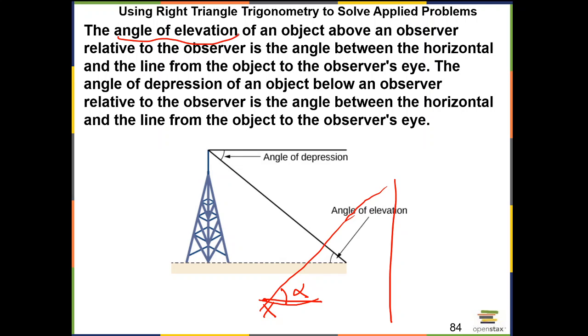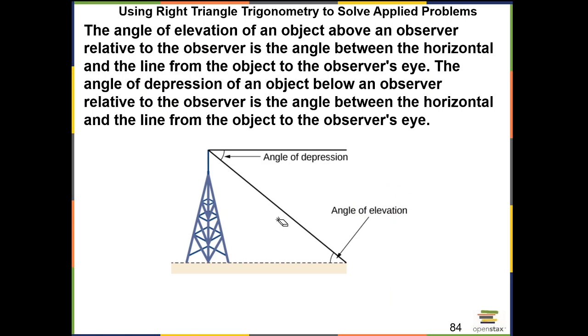Now suppose you're standing here and you see an ant here. You're looking at it. Then the angle that line from your eyes to the ant makes with the horizon is called the angle of depression. And those are pretty useful in trigonometry, those ideas.